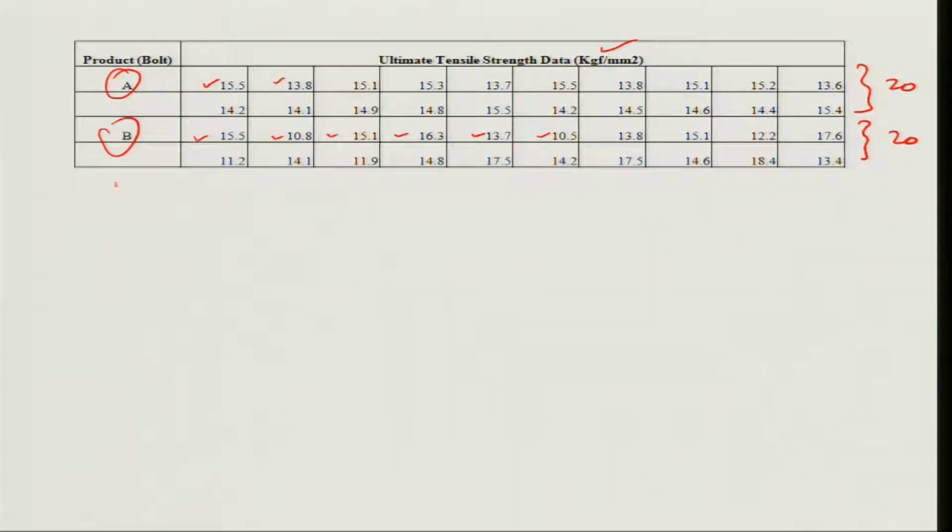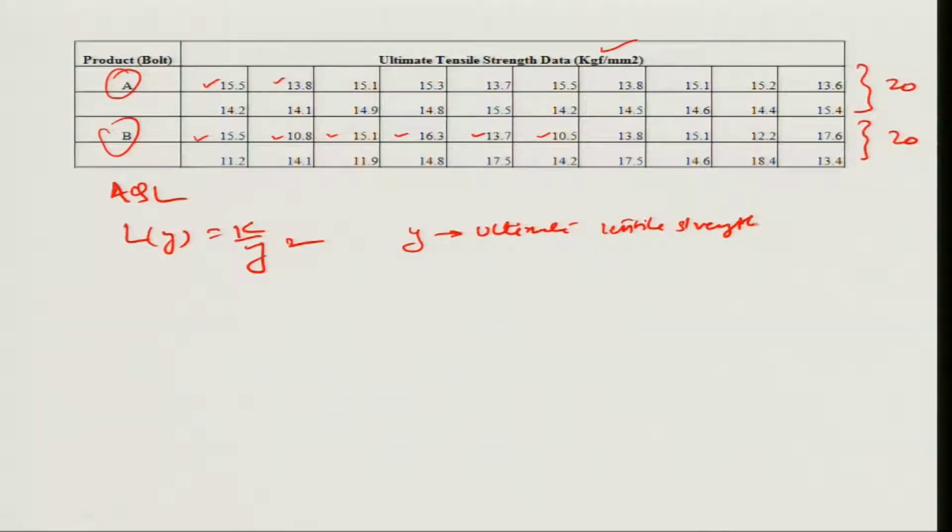We will use the average quality loss for the loss function L(y) = k/y² in this particular case, again reiterating that y, being the ultimate tensile strength, goes for larger the better.